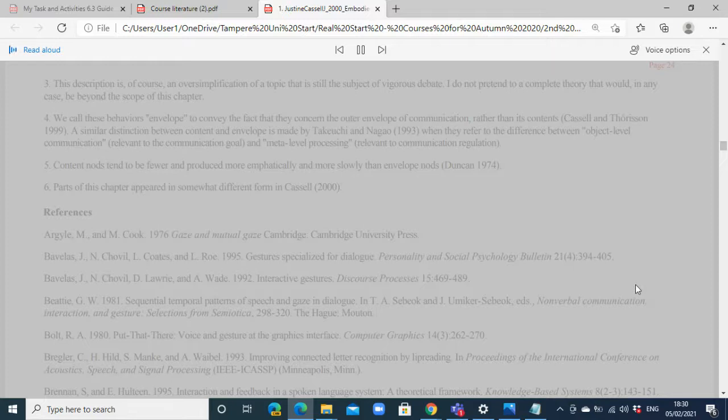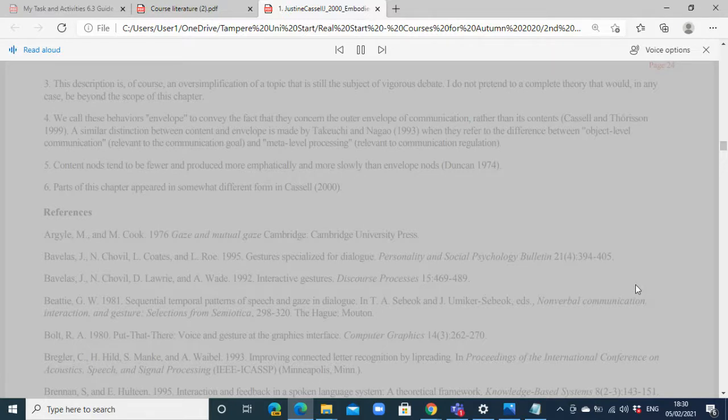Cassell, J., C. Pelachaud, N. Badler, M. Steedman, B. Achorn, T. Becket, B. Douville, S. Prevost, and M. Stone. 1994, Animated Conversation, Rule-Based Generation of Facial Expression, Gesture, and Spoken Intonation for Multiple Conversational Agents.